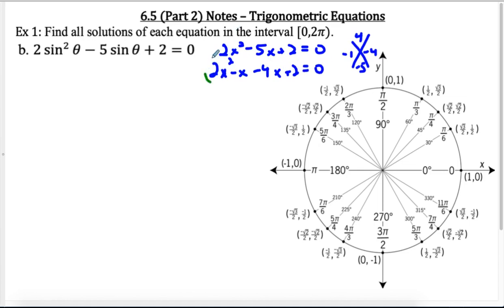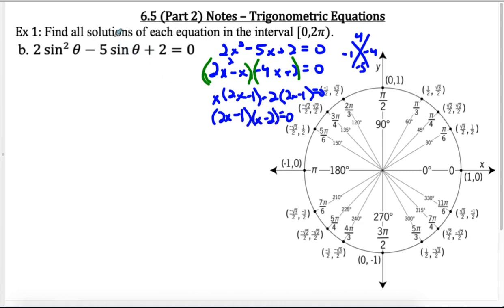Group the first two, group the second two, take out a GCF, so I can take an x out here. I'd be left with 2x minus 1. Here I can take a negative 2 out, and I would be left with 2x minus 1. And then to finish, this would just be 2x minus 1 times x minus 2.